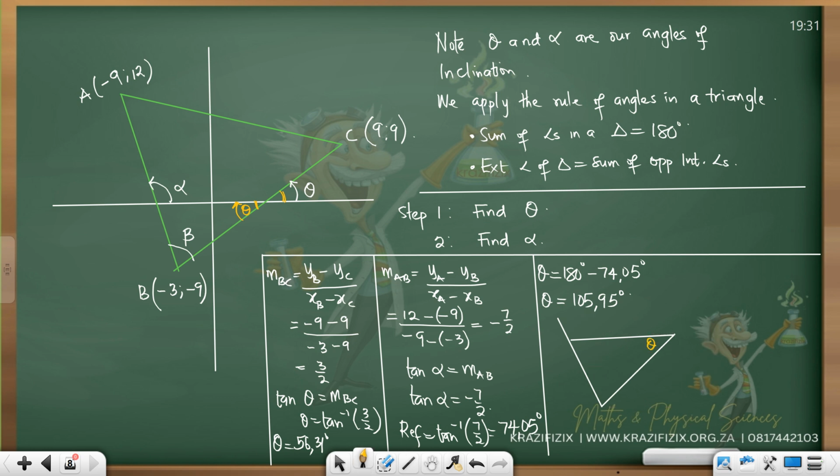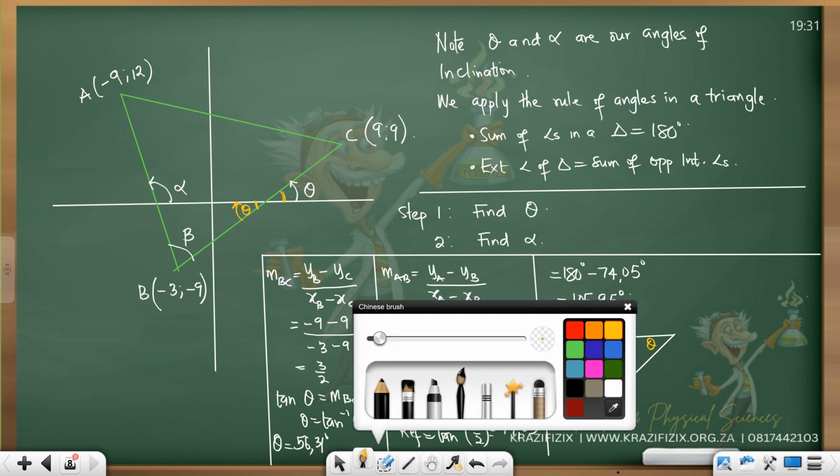Where this is theta, this is beta, this is alpha, and this is beta. If you can see that triangle there. You see, I've drawn my theta now into the triangle. All right? Oh, sorry, it's alpha. Thank you. It's alpha.